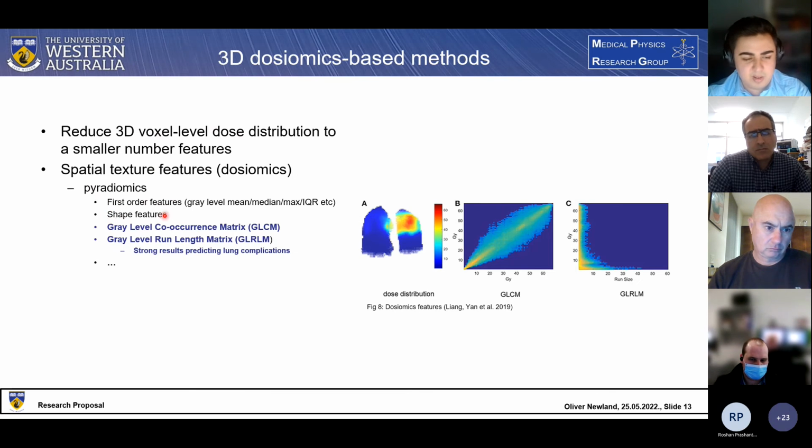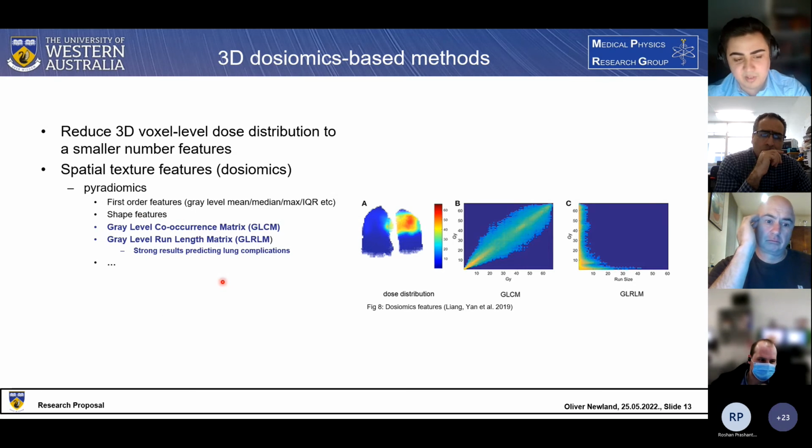It can look at the shape of the distribution independent of the dose intensity. And it can also handle gray level co-occurrence matrix and gray level run length matrix, which are 2 doseomics which have had some strong results predicting lung complications. So that'll be interesting to see.